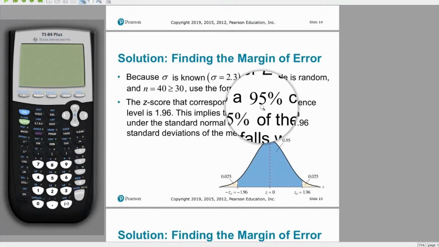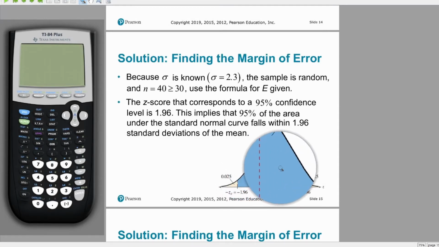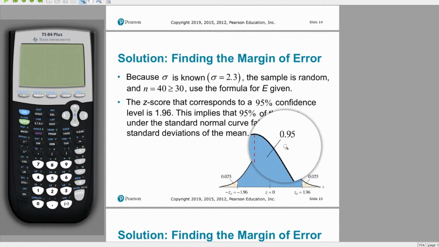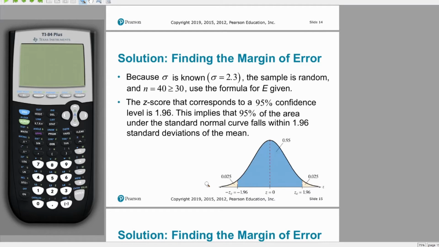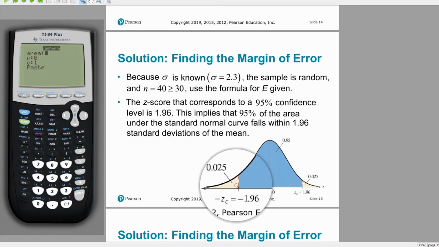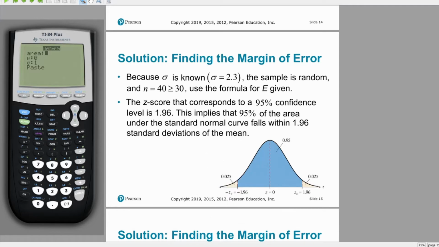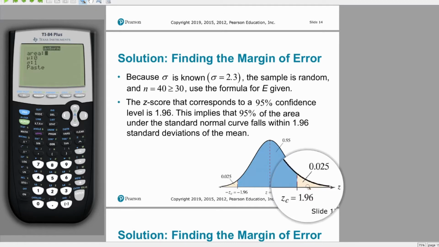When we're making a 95% confidence interval, that means we have 95% in this middle region. So we're going to have 5% split between the tails into 2.5s. And if we want to find the values there to get those scores, we go into the calculator and use the inverse normal computation, where for the area, if we want the low end, the negative value, we can use 0.025 with an area to the left, or if we have a more advanced calculator, we can do 0.05 with the area to the right.